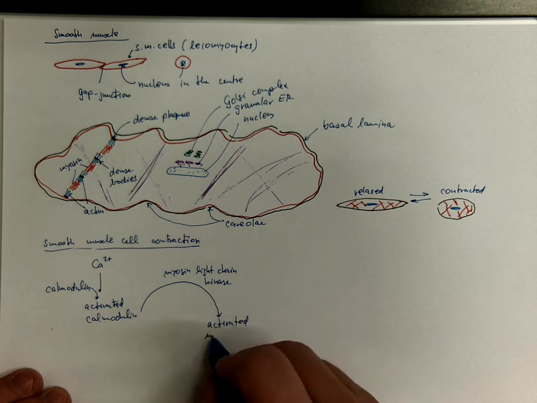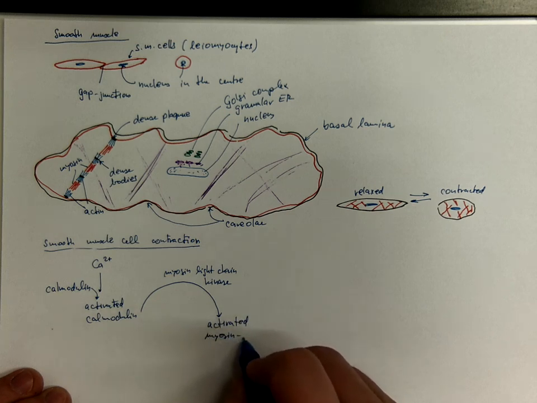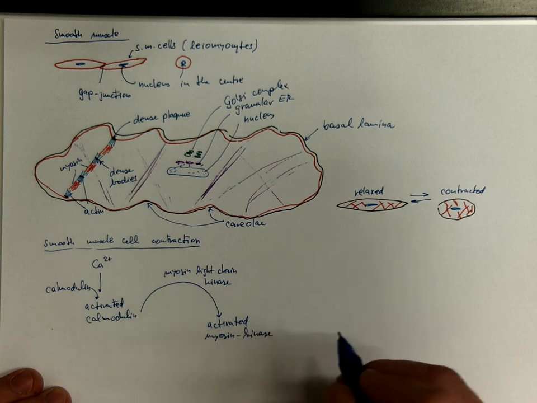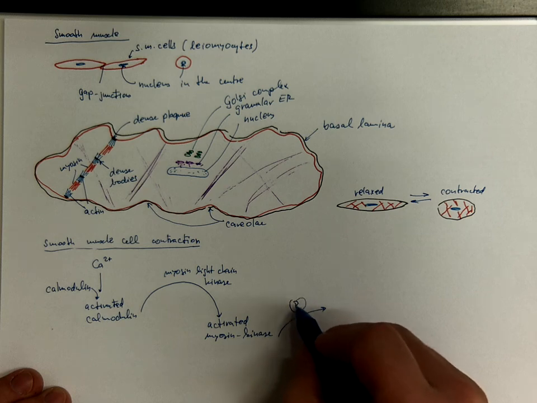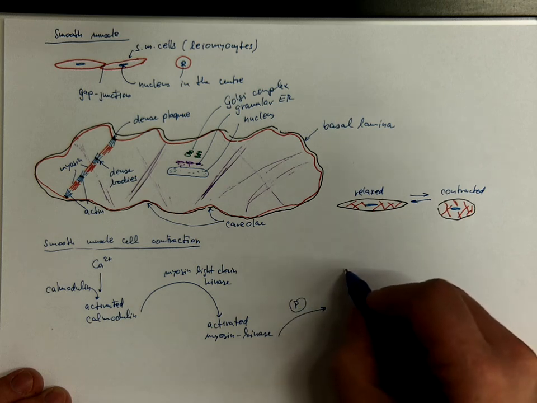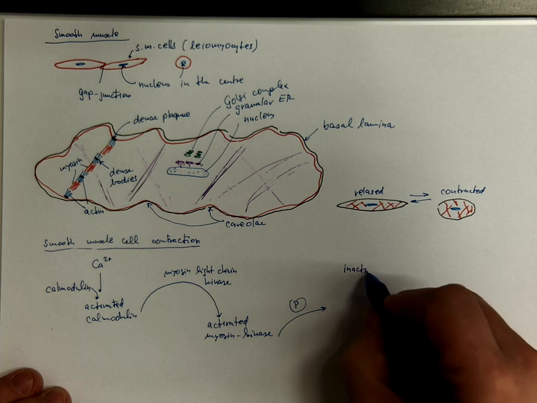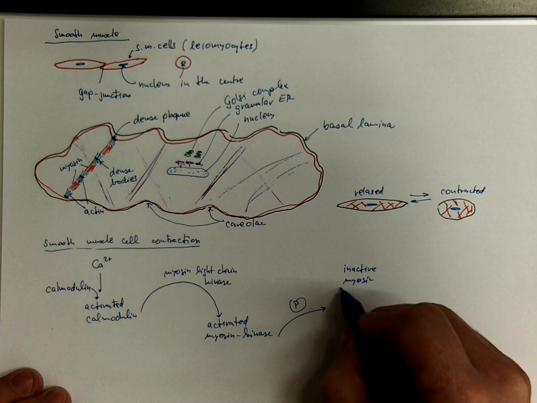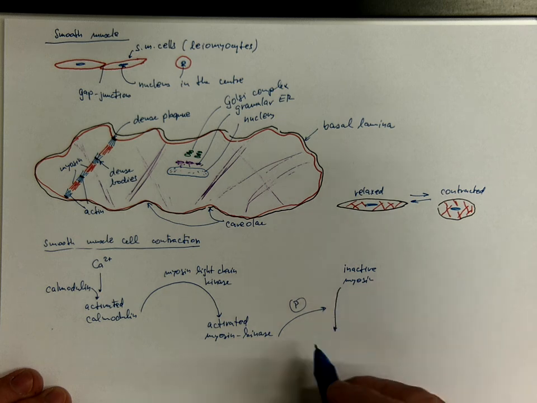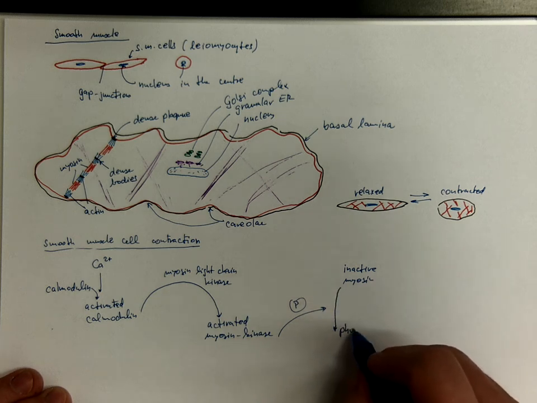The activated myosin kinase will transfer phosphate to myosin, which thus, being phosphorylated, becomes active.